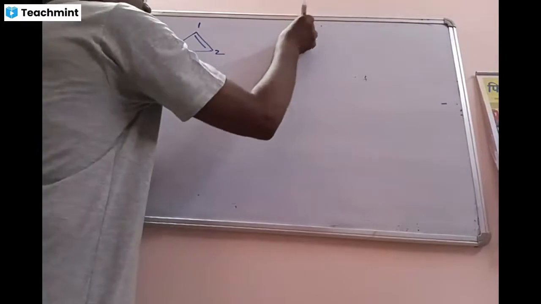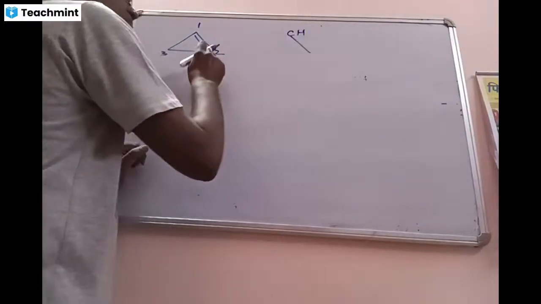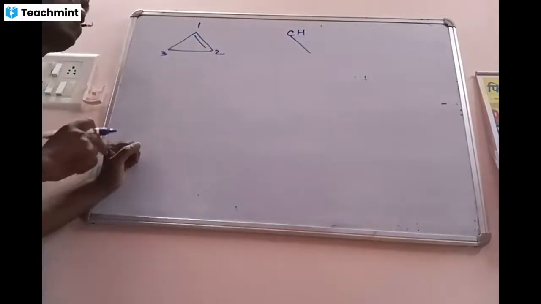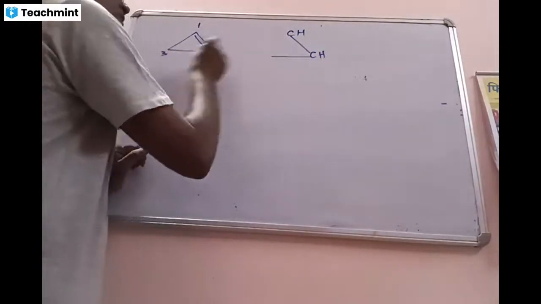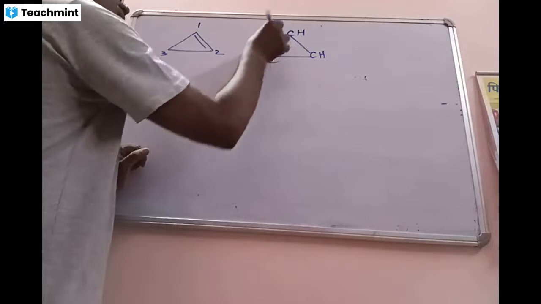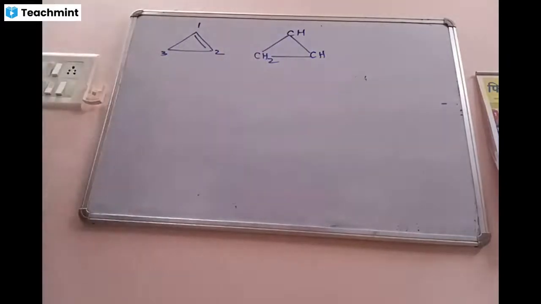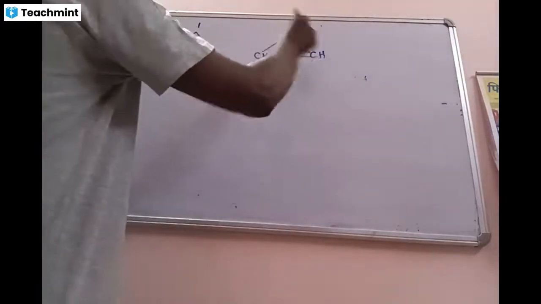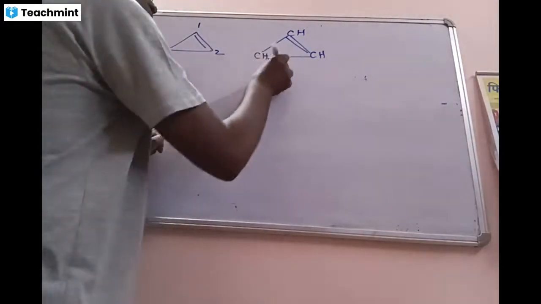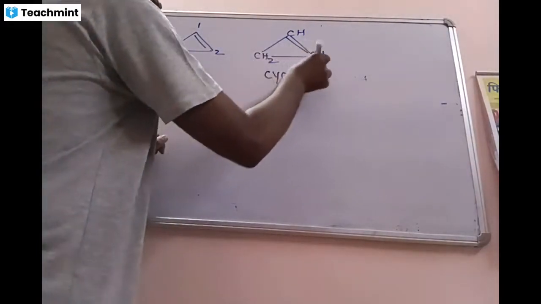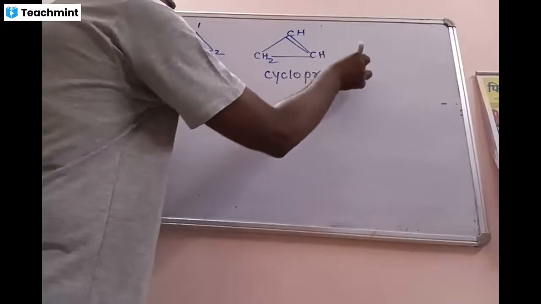So you have to write CH. Then what should be there on 2? CH. Again CH. Okay. Then what should be there at 3? CH2. So here is a double bond. So now what you will write? Cyclopropene.